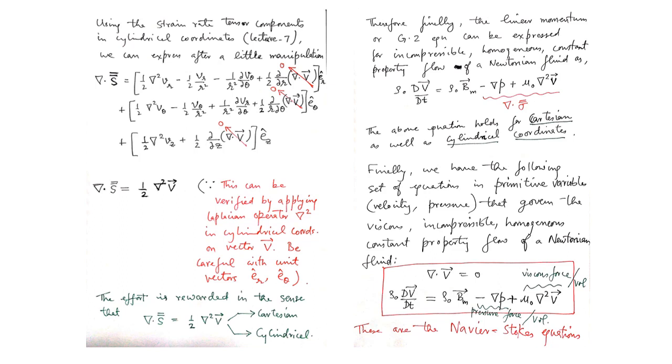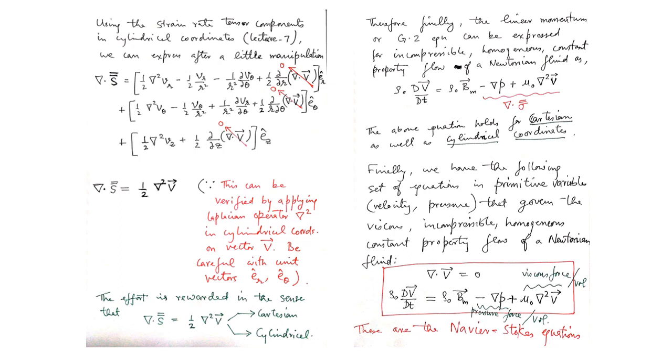If I use those relations, we can express, after some manipulation, though it is a little bit more than a little manipulation, that del dot S will finally come out as this vector.